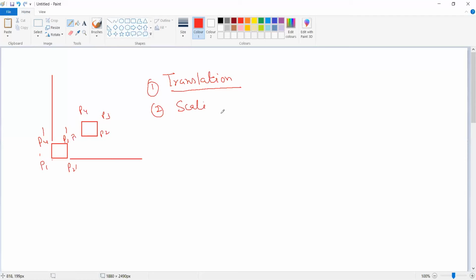So now if you scale it, what actually happens? So this is the 0, 0. Make it clear, point P1 is 0, 0. If you multiply this 0 by Sx and this 0 by Sy, it will still remain 0, 0. So P1 will remain at this position, it will not change. Now what is the coordinate of point P2? It has some value x2, and y2 is 0 because it is on the x-axis.